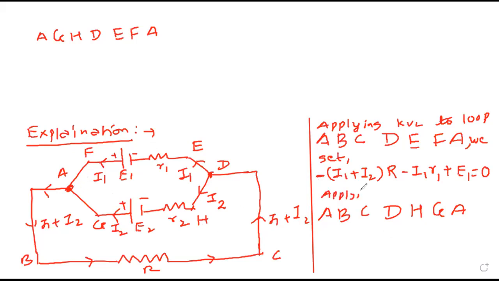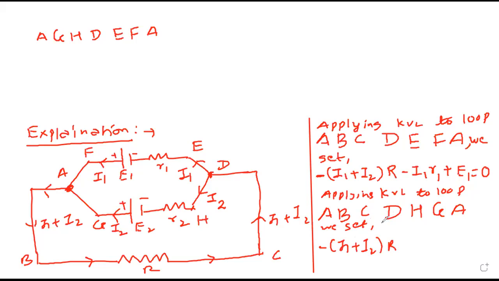Now, second loop. Applying Kirchhoff's voltage law to loop A, B, C, D, H, G, A. Again, A to B, any drop? No. B to C same, I1 plus I2 into R, but negative. C to D, no drop.